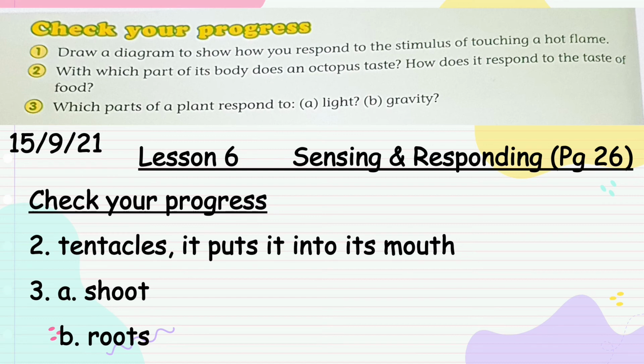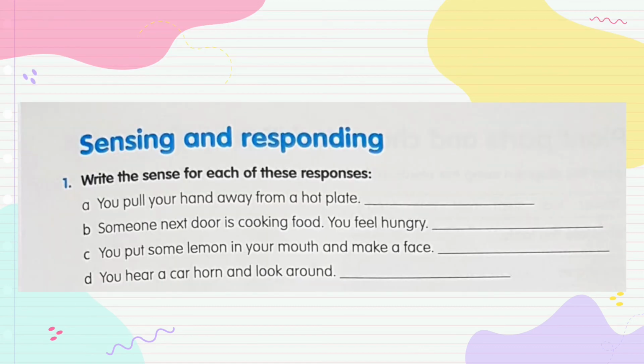Now, please open your workbook when you're done with this. We will do the workbook also, and with that we will finish our lesson today. Workbook page 13, sensing and responding. Now, you have to write the senses for each of these responses. You pull your hand away from a hot plate. How do you know it's hot?